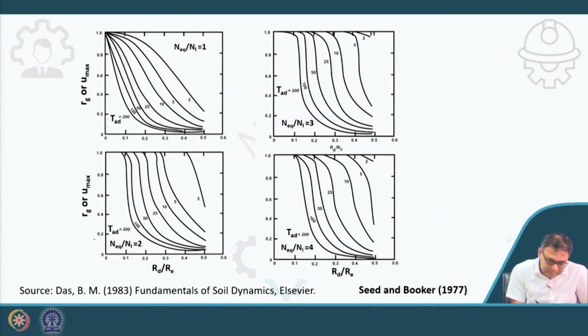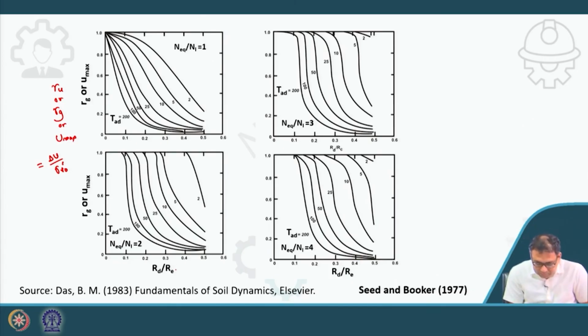And the y-axis is r_u or r_g, or later on I will use U_max. These are all the same, equal to delta U divided by sigma_V dash. This terminology is the same.